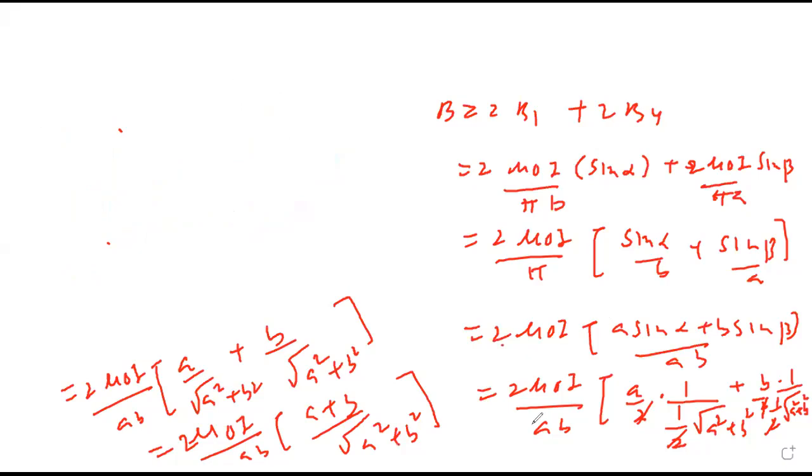Upon pi. So 2 times mu naught I upon pi AB.